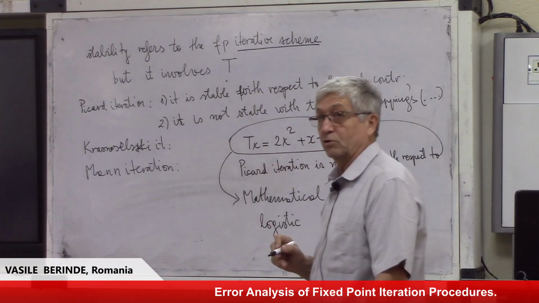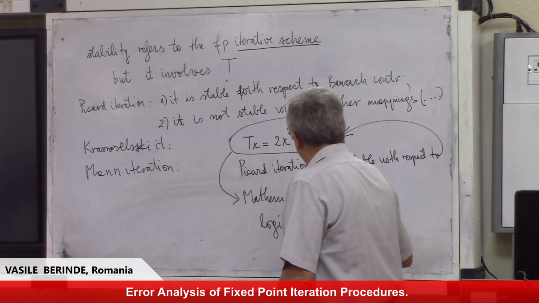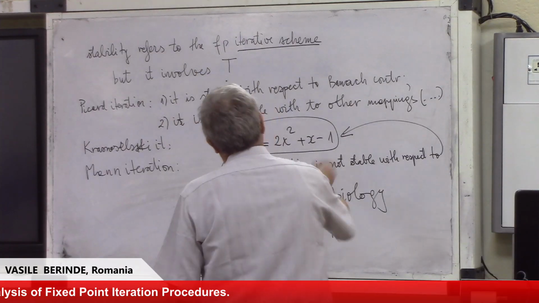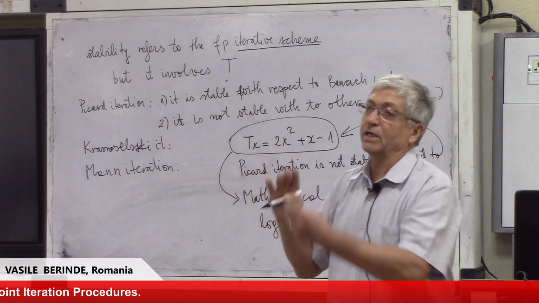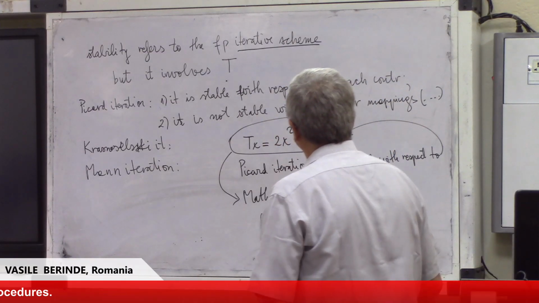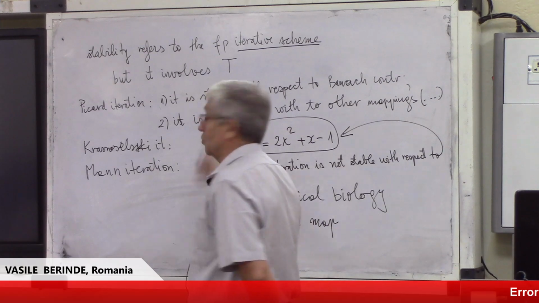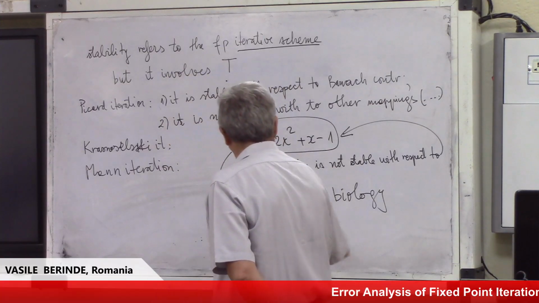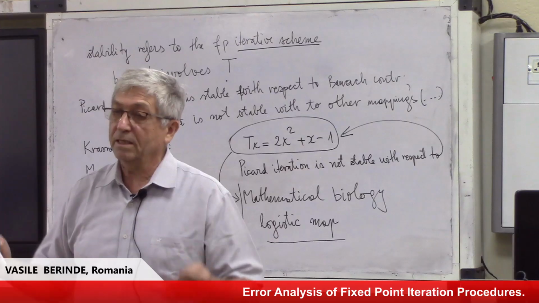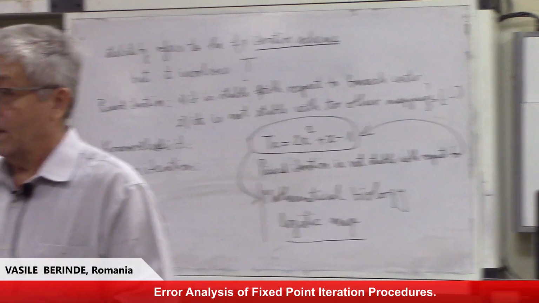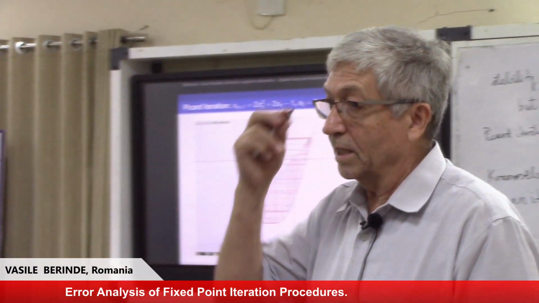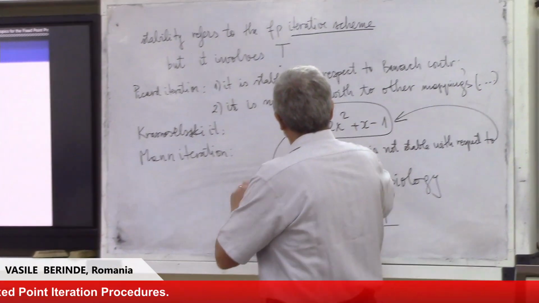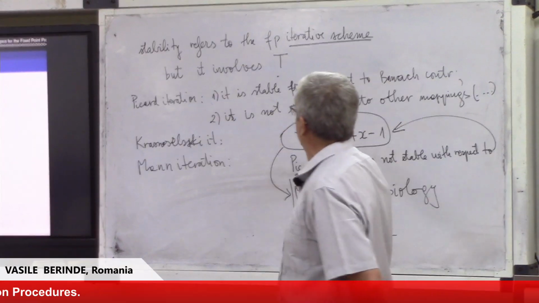Did you hear about the logistic function, logistic map? Yes, it is used in machine learning. This is the logistic map with some linear transformation I did. This is why we have non-stability, because this is a very interesting map. We use this in mathematical models in population models, and it is known that it has unstable behavior.